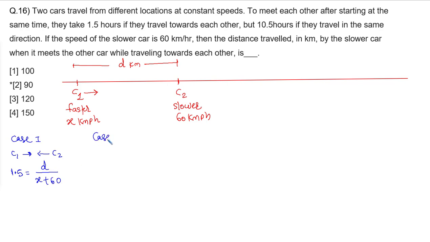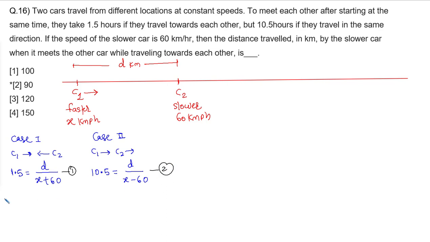And in case 2, car 1 and car 2 are going to travel in the same direction. So in this case, the time taken to meet is 10.5, equal to the distance between them divided by the relative speed, x minus 60. So let's solve these two equations to get the values of d and x. This is equation number 1, this is equation number 2.